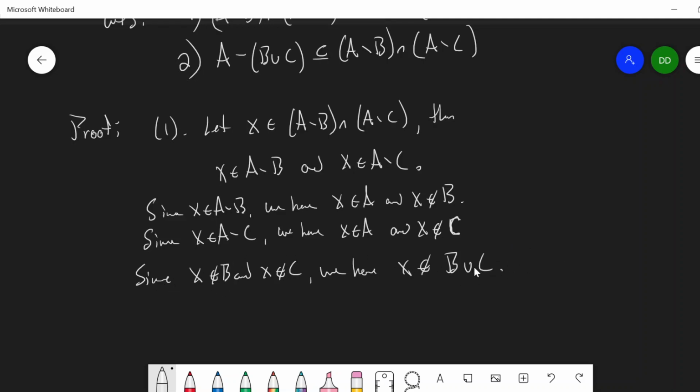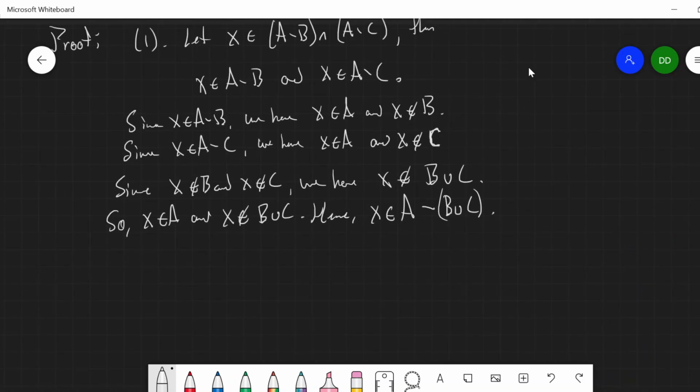So that's one thing I can deduce. And then, either way, we have that x is in A. So we have x is in A, and x is not in B union C. Hence, therefore, x is in A minus B union C. And that's what we wanted to show, right?